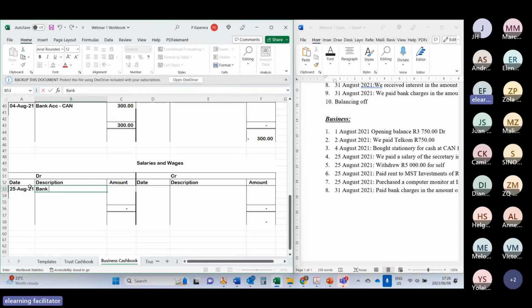So usually with our salaries, we are supposed to do our payroll. So with our payroll, when you do your payroll, then we post the payroll is our book of prime entry. It's our book of prime entry.